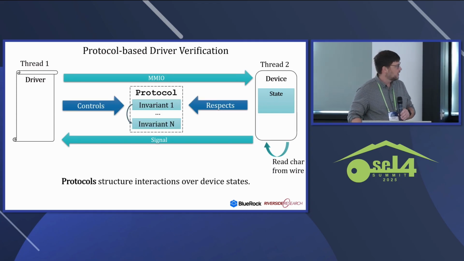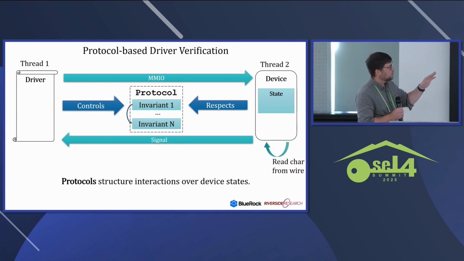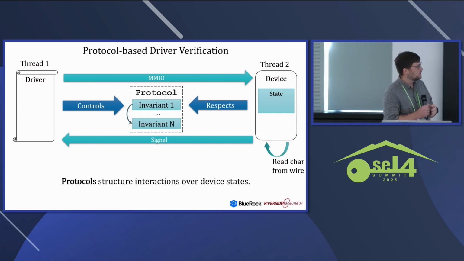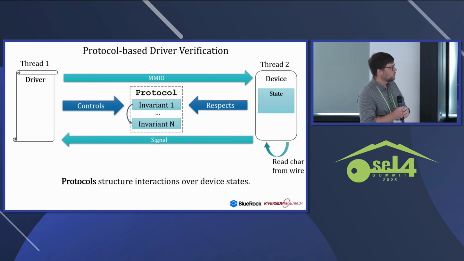In particular, we want to establish a protocol between the driver and the device that characterizes properties about the current device state. So we're going to build a protocol, which you can think of as a concurrency invariant, that talks about properties of the current device state. The driver is going to control this protocol, and we're going to show that the device respects this protocol in certain ways.